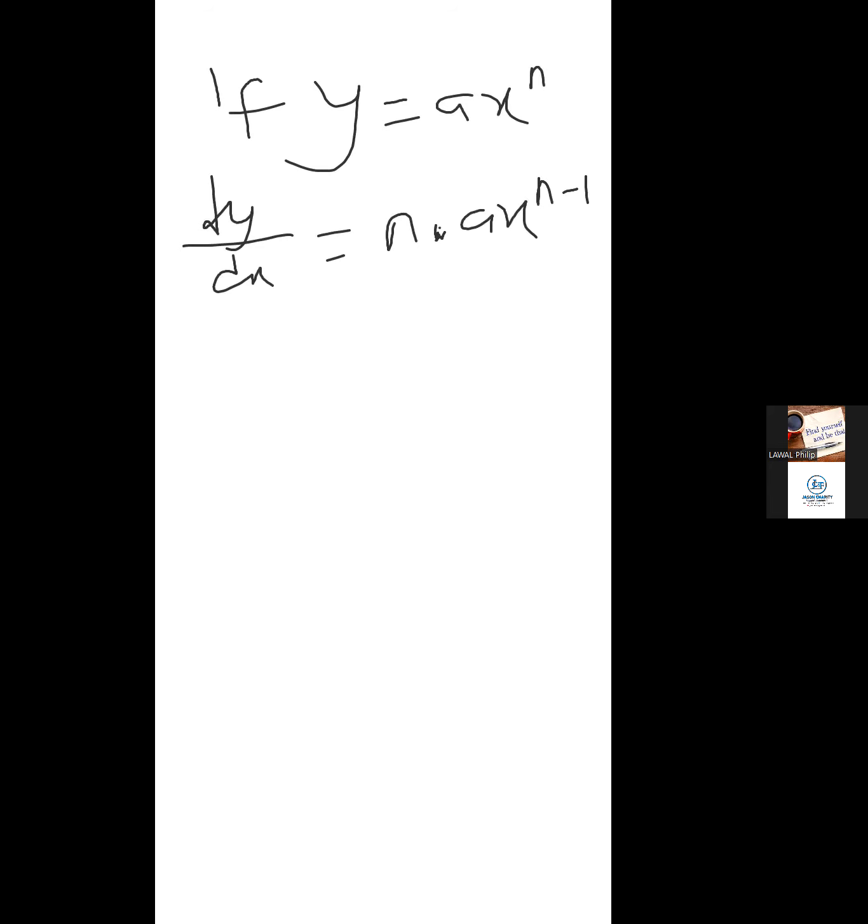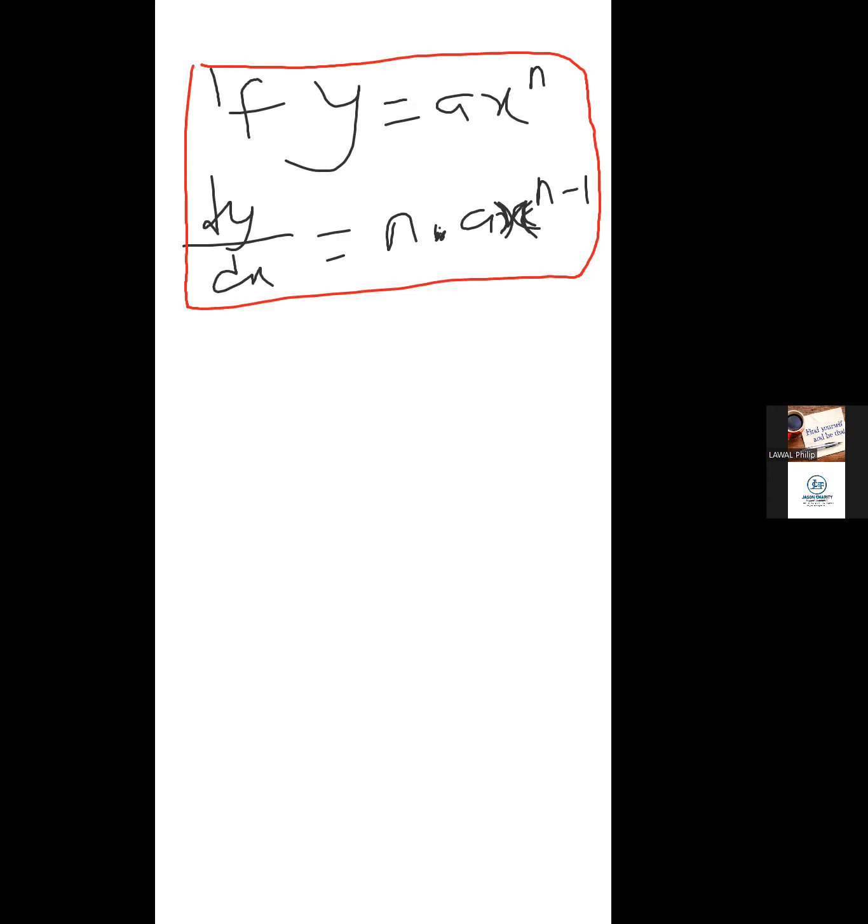I don't want to use times. I'm using dot to mean multiplication so that my times symbol will not confuse you with the x. All right, because x is a variable. Please note that. I'm going to put that in a box so that anybody should be able to know. It's the basic indicial rule for solving differentiation.